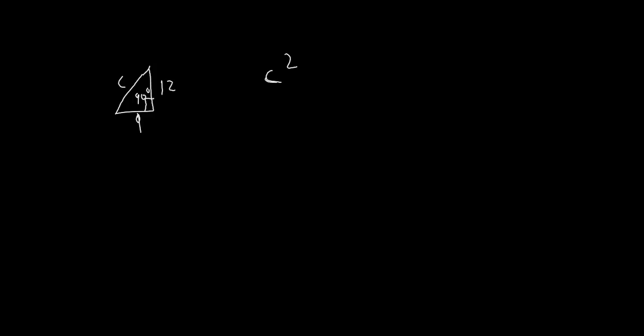And put c squared is equal to 12 squared plus 9 squared. Now, c squared is then equal to 12 squared is just 144. 9 squared is just 81. Now, what is 144 plus 81? Well, it is 225.